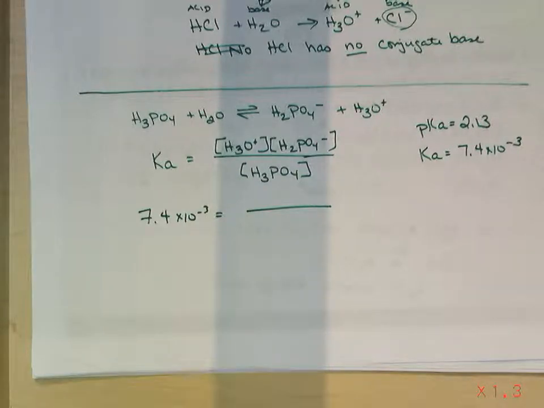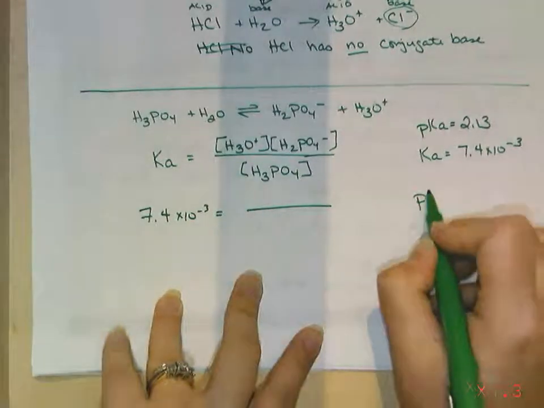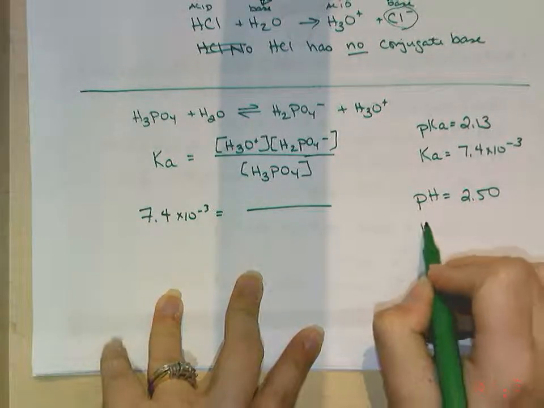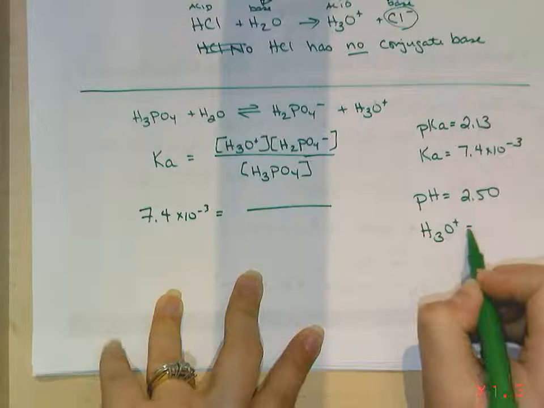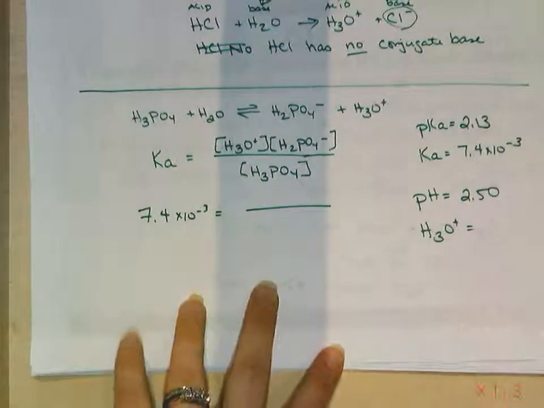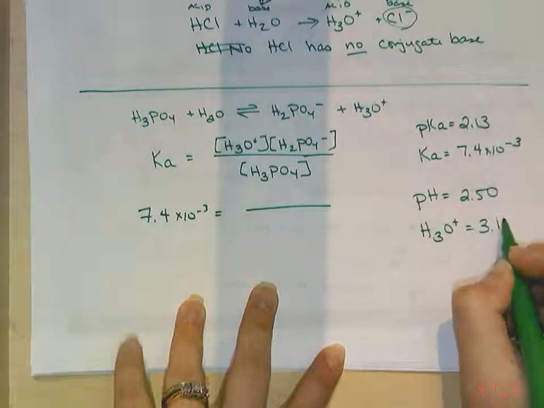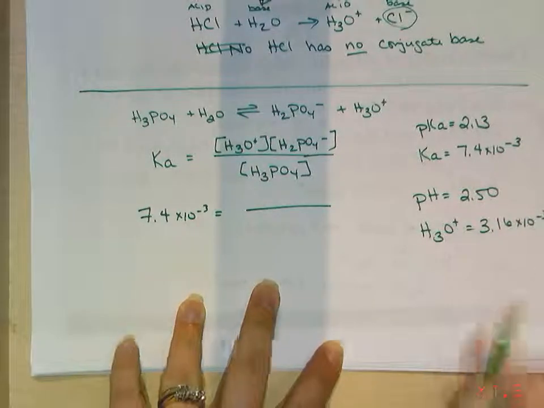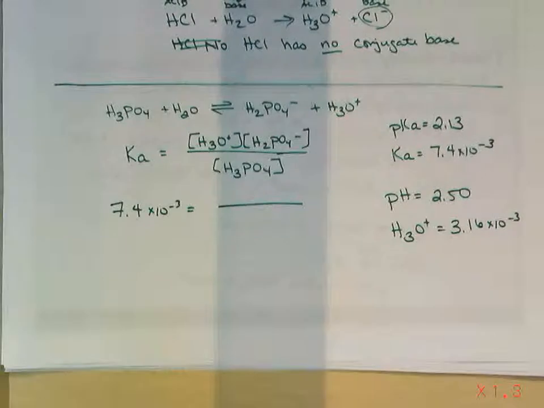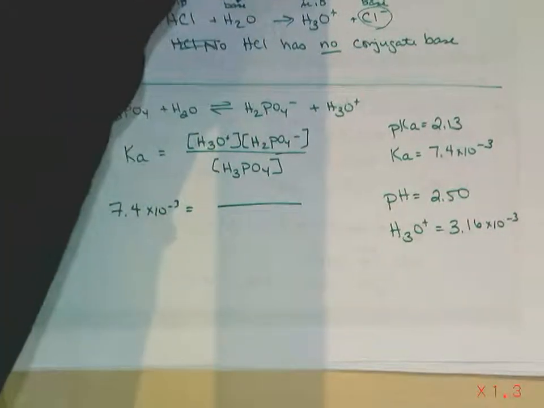So if I know pH is 2.5, that must mean this concentration, we do the exact same thing. There we go.